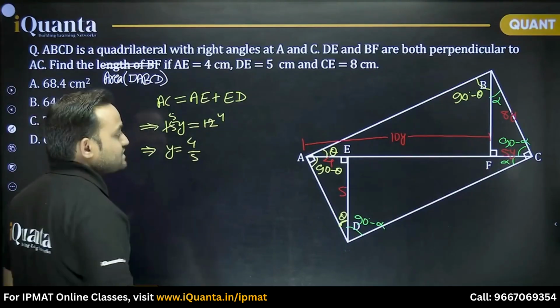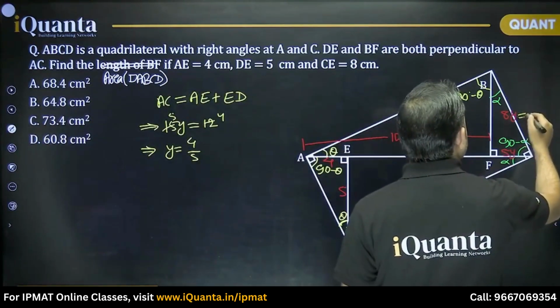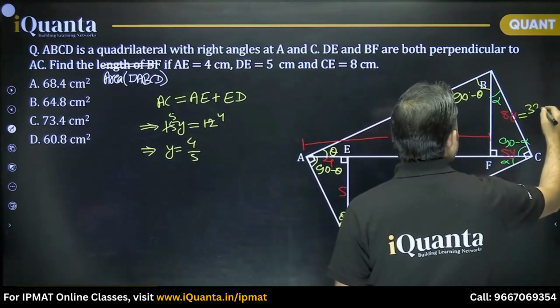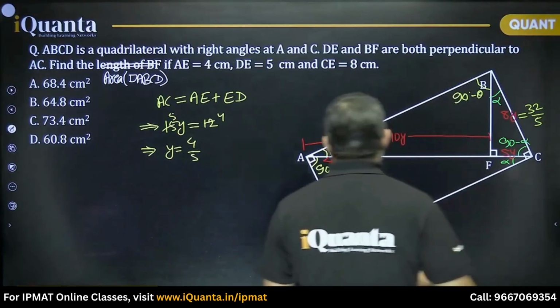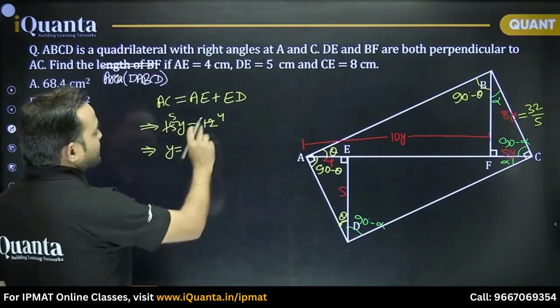Now if y is equal to 4 upon 5, what we can say about 8y? 8y will be equal to 32 upon 5, and what will be the length of AC? AC is already given, which is 12.